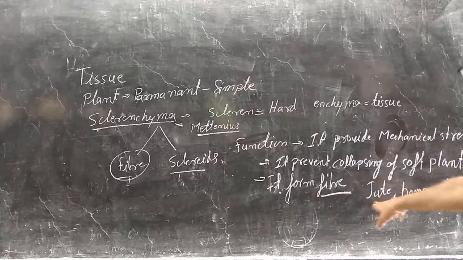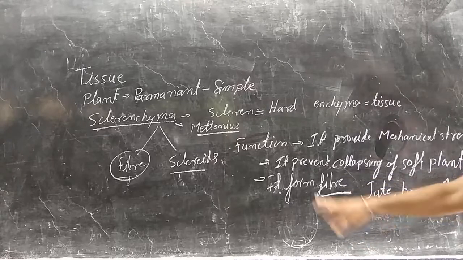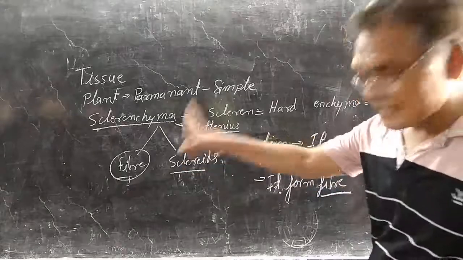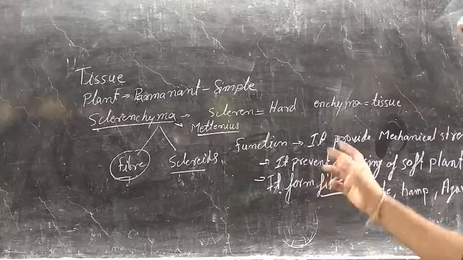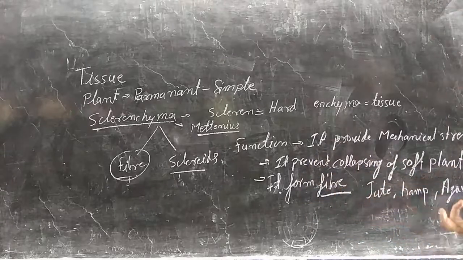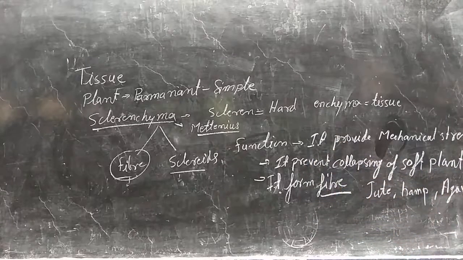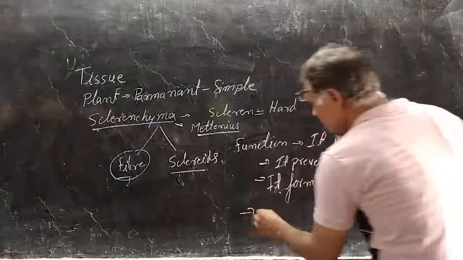In these plants the fiber is obtained from the sclerenchymatous fibers. They provide strength to the plant, and after the plant's death these fibers are utilized for commercial production of fibers. So this is also a utilization of these cells.